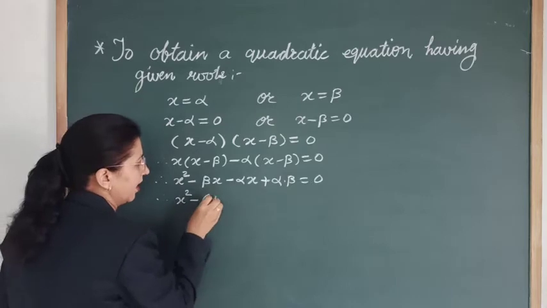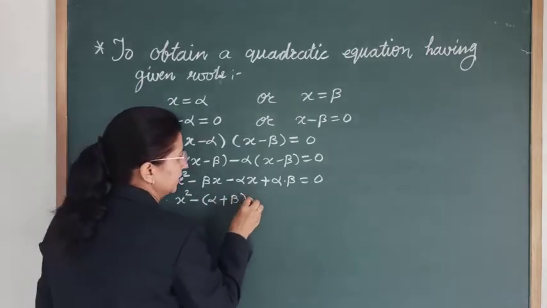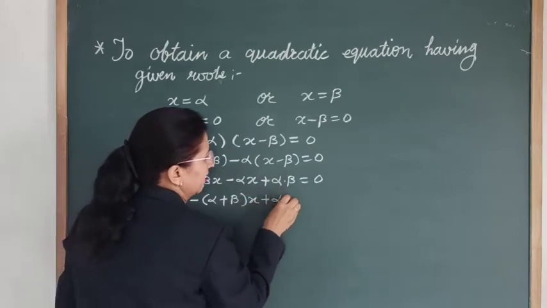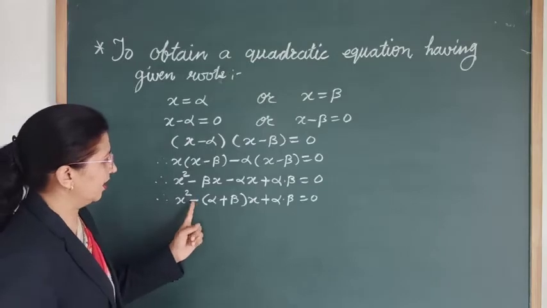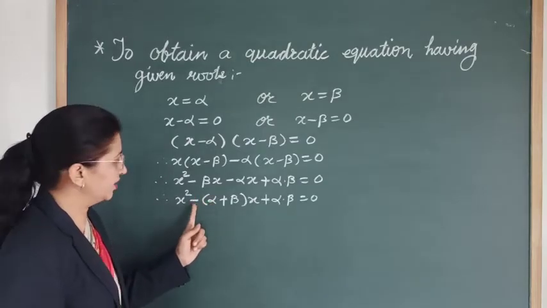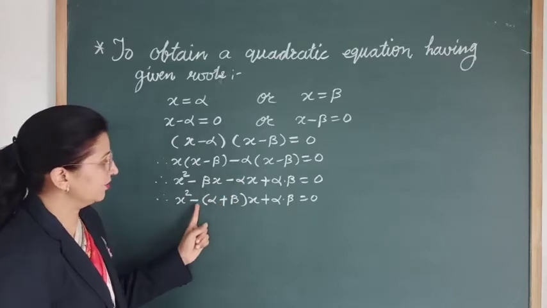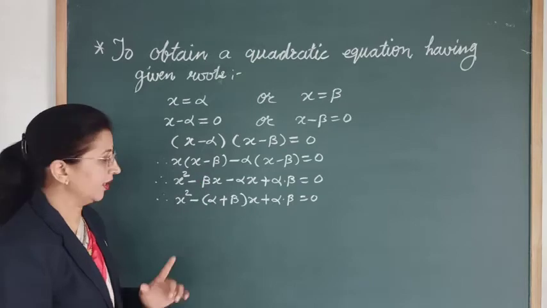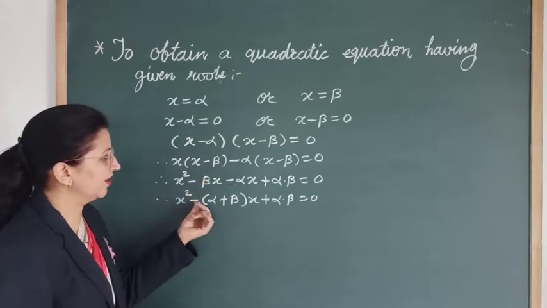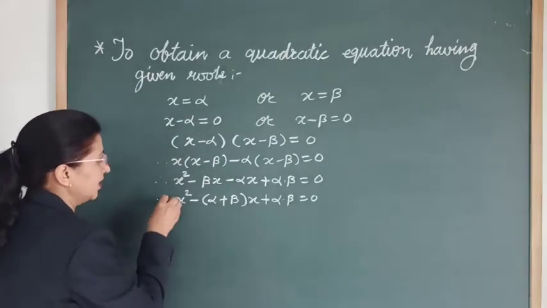So here alpha plus beta into x plus alpha into beta is equal to 0. Okay, that is alpha into negative x into alpha, that is negative alpha x, then negative x into beta, that is negative beta x. Okay, so in this way, after taking out the negative sign and x as a common, we got this equation.